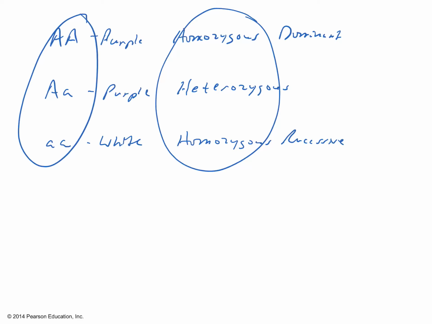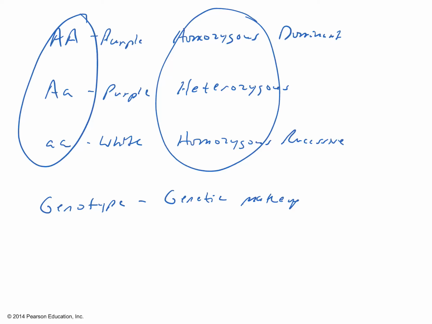Two other very important terms. First of all, we have what's called genotype. The genotype is simply the genetic makeup. So homozygous dominant, homozygous recessive, heterozygous, those are genotypes. They are the genetic hardwiring.